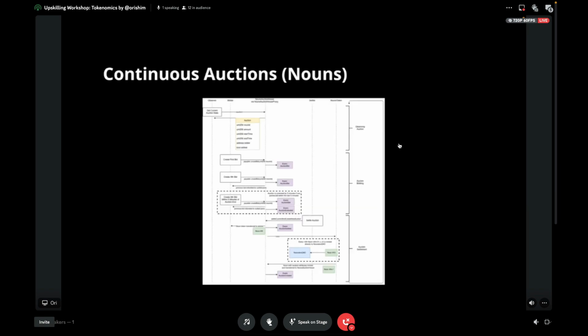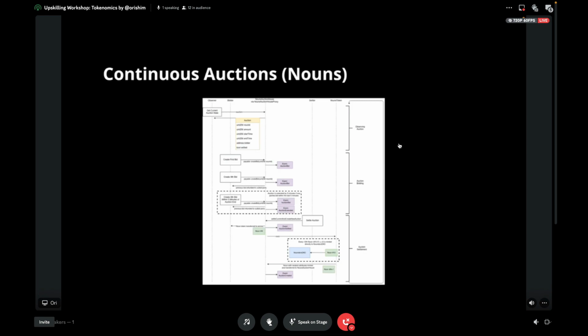Another one that has grown in popularity a lot in the last year from Nouns is the continuous auction. So this is the idea of funding a project or a community off of a running auction that repeats continuously for the governance right of that project. In the case of Nouns, every single day, automatically, there's a new auction for a Nouns NFT.